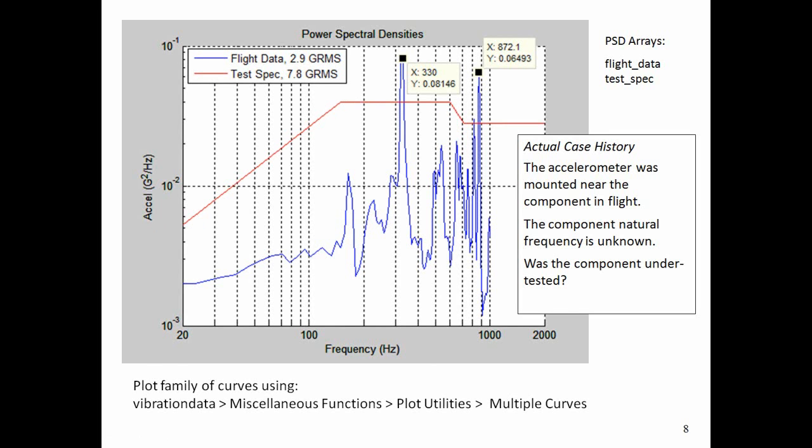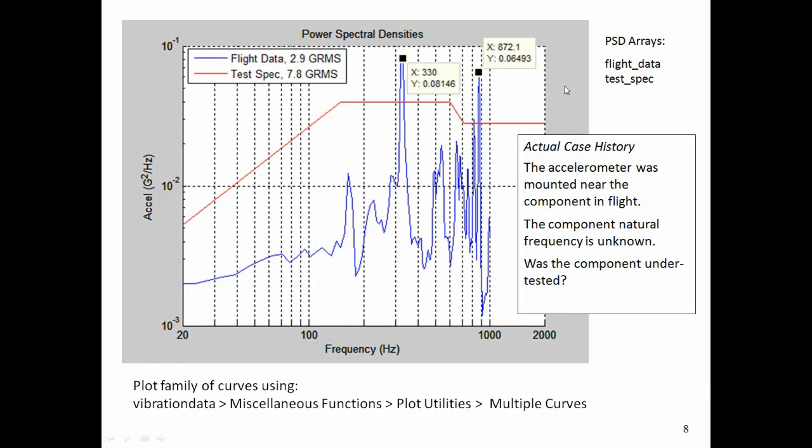So now we're in the post-flight data review meeting, and we find out that the blue curve from the flight data exceeded the test spec at 3 frequencies. So there's an exceedance at 330 hertz, there's an exceedance at 472 hertz, and there's a minor exceedance at about 810 hertz maybe.